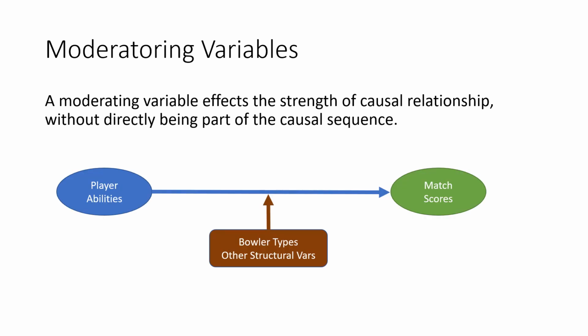Now, abstracting from the specific example, we come to the general theoretical framework, and that is depicted in this diagram. What we have been talking about here is called a moderating variable.